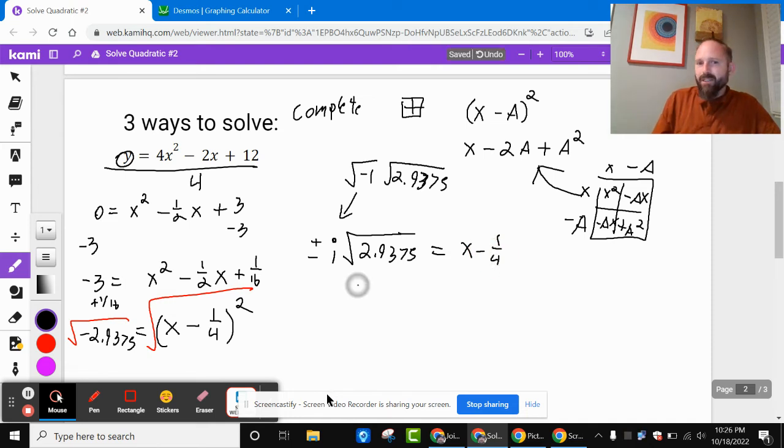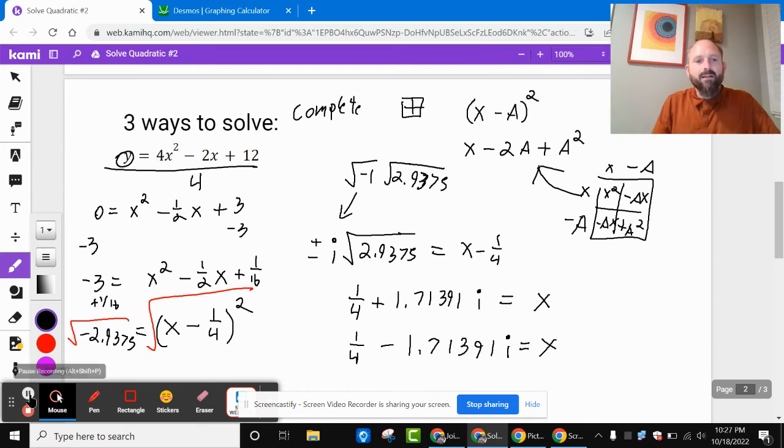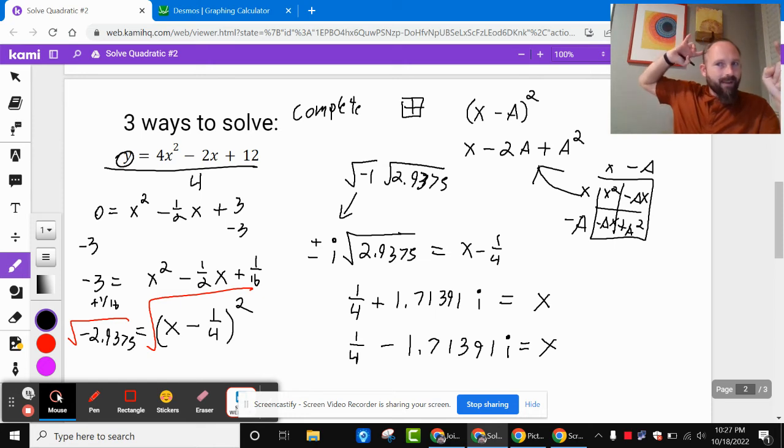So my answer will be 1/4 plus, well, what's the square root of 2.9375? So I get two different answers. I get 1/4 or 0.25 plus 1.71391i as the solution, or I get 1/4 minus 1.71391i. And it's a complex number and we're stuck. We can't do anything. But we solved it. If this had real solutions, it would be these.